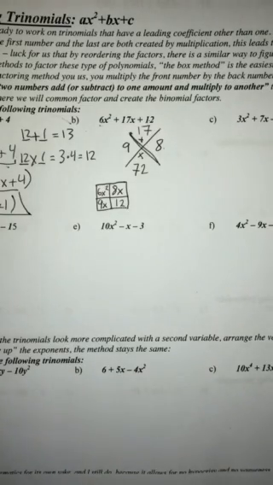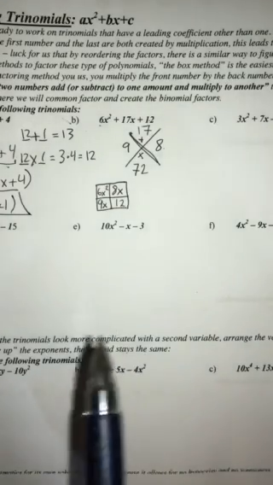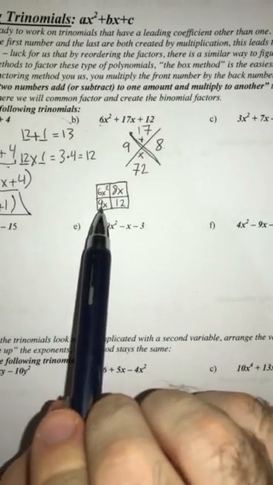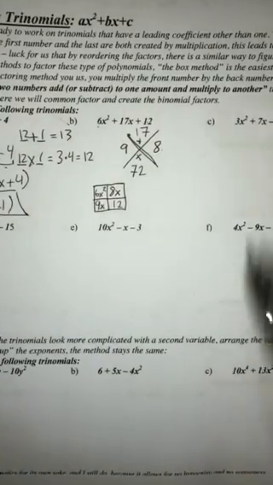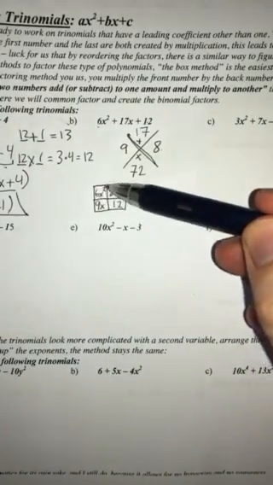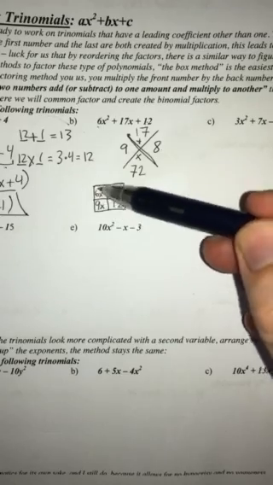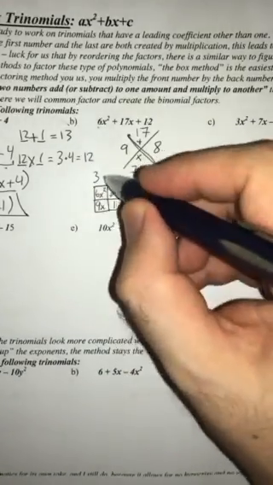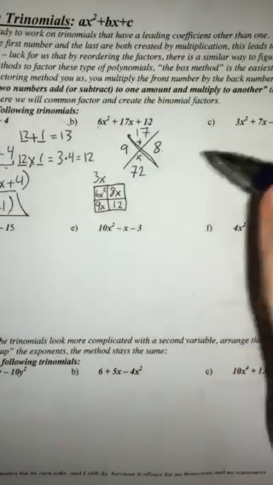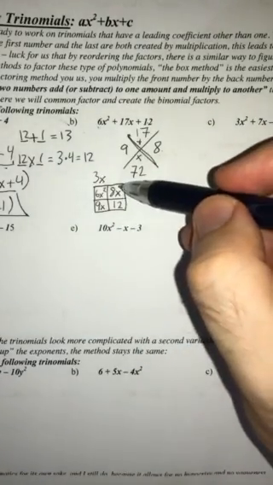And what I'm going to do with this box is I now need to figure out the factors of each of these columns. So I'm going to figure out with 6x squared and 9x, what is the greatest common factor of those? Well, I can factor out a 3, and I can factor out an x. So that gives me this column.